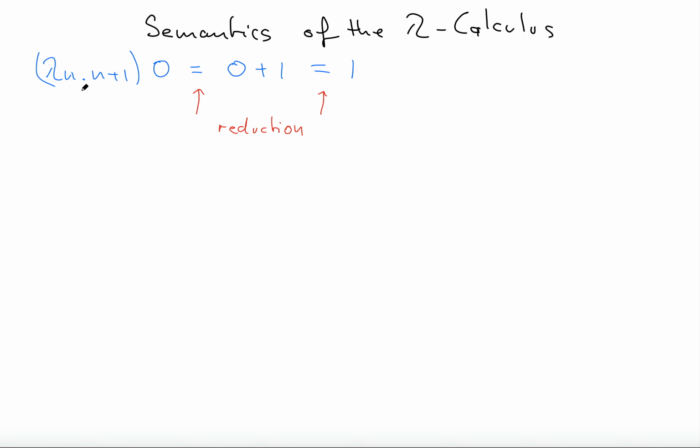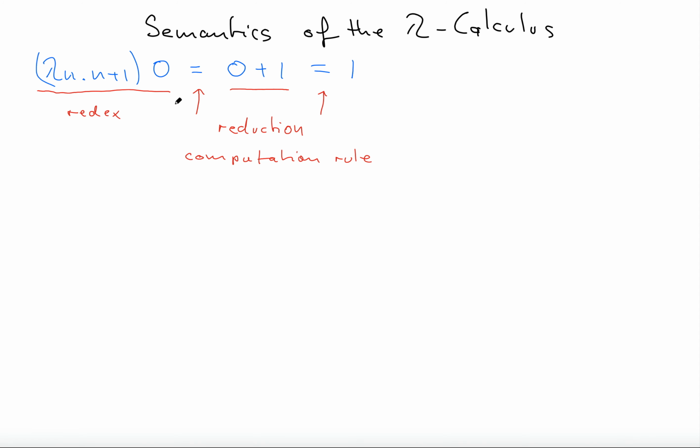And we call the expression that gets reduced the redex. So these are the redexes that we reduce. Each reduction must be justified by a computation rule, and the second equation here is justified by our usual computation rules for arithmetic.